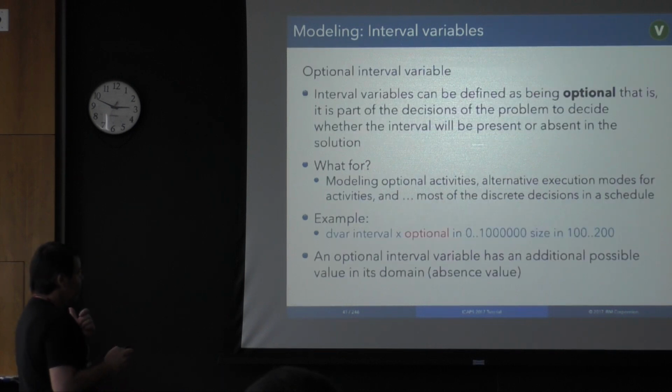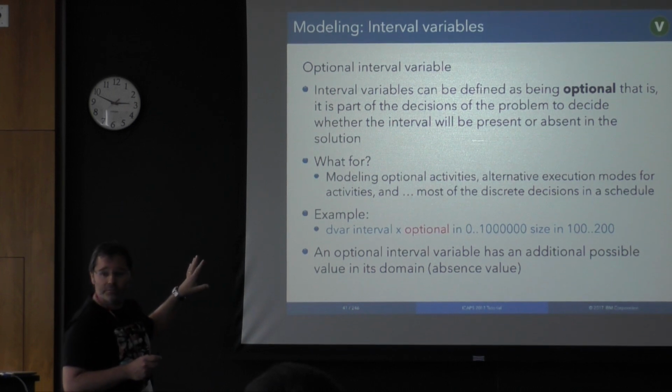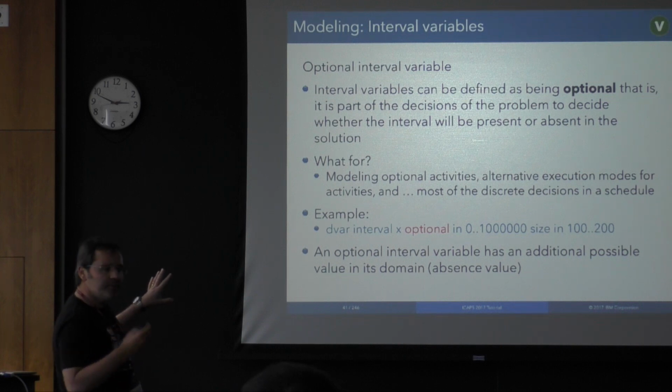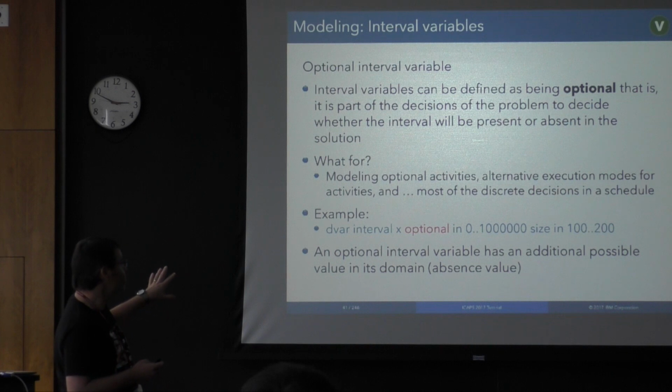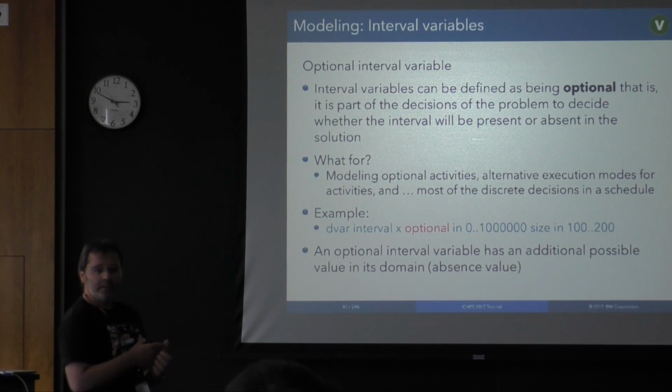Now, maybe this is the most important slide of the tutorial, because there is a fundamental notion added to interval variables, and this is the notion of optionality. You can define an interval variable as being optional.